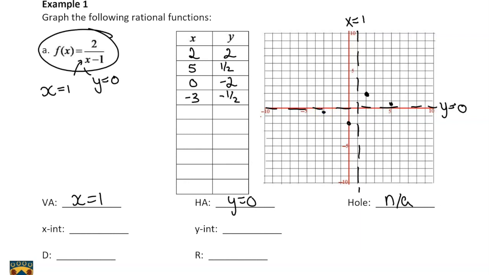Now, based off of what we know about asymptotic behavior, you approach those values, but as you get to extreme values, very large numbers and very small numbers, you'll never be able to pass through them. Based off of that, we can now make the assumption that our graph is going to look like this. Make sure you put arrows there to indicate that it extends forever, and we'll do the same thing up here too.